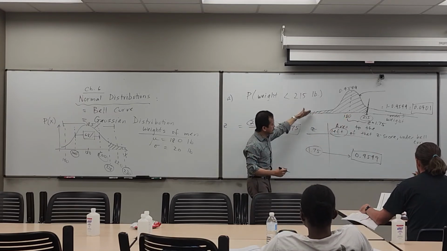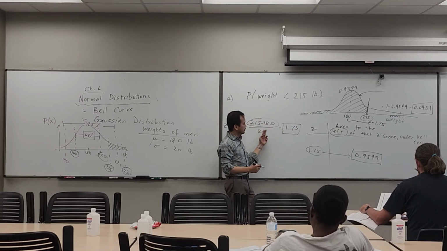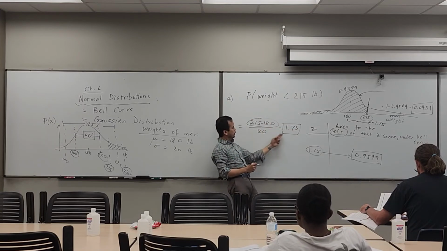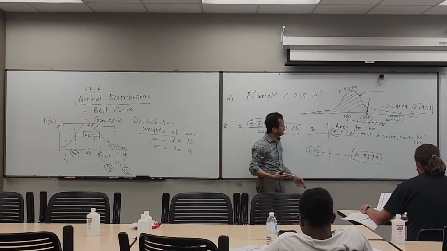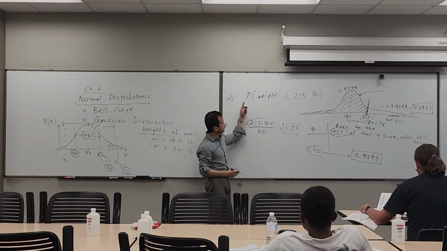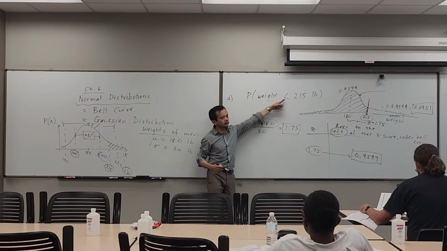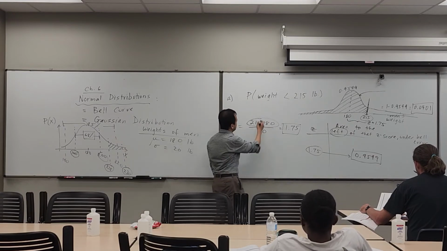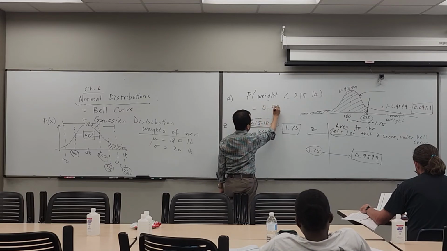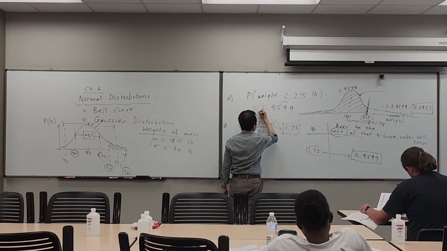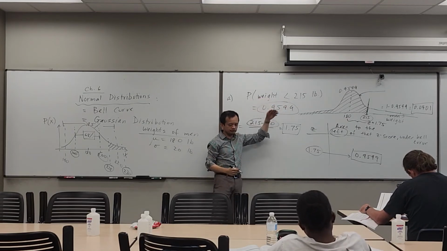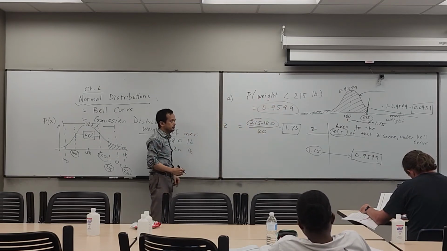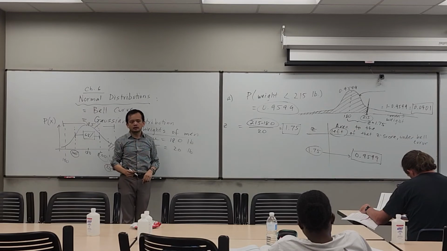After we find the z-score, 1.75, the chart gives us a left area of 0.9599, and that is the probability of being less than. So the answer is 0.9599. So 95.99% of all men have a weight that's less than 215 pounds. Any questions?